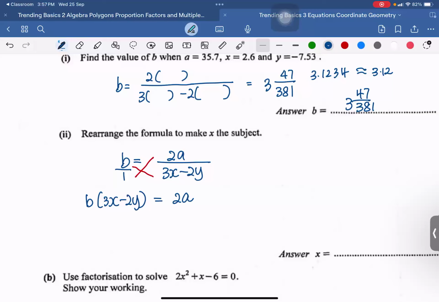Then next step. Okay. How come change back from Brady to Chris already? Next step. What do I want? I want X as the subject of the formula. X is here. What do I need to do? Next step. Maybe I'll call Fatiha. Fatiha, help me. Tell me the working.